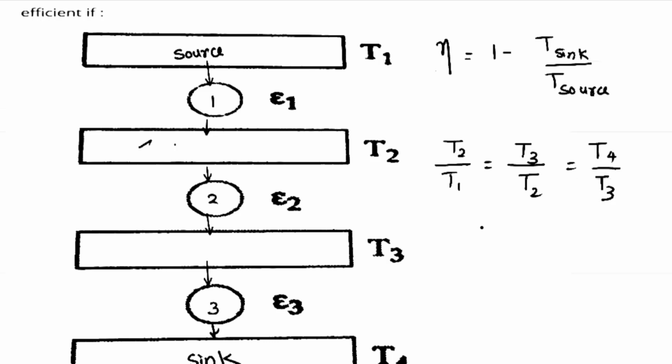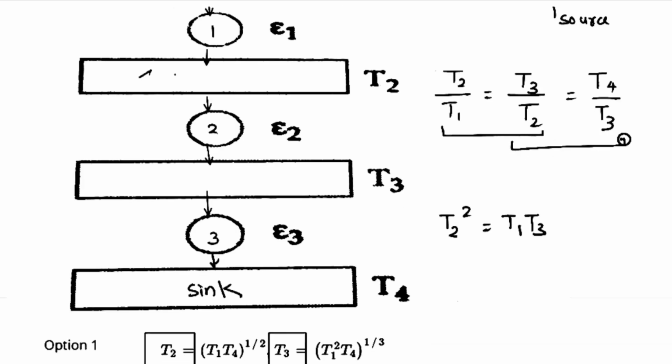Now you can just solve for these two. So I will write down T2 squared is equal to T1 T3, and if you take these two, then we will write down T3 squared is equal to T2 T4.